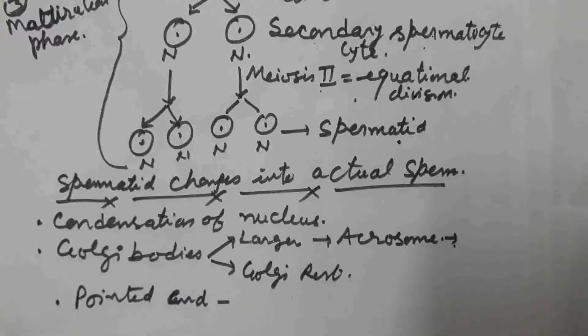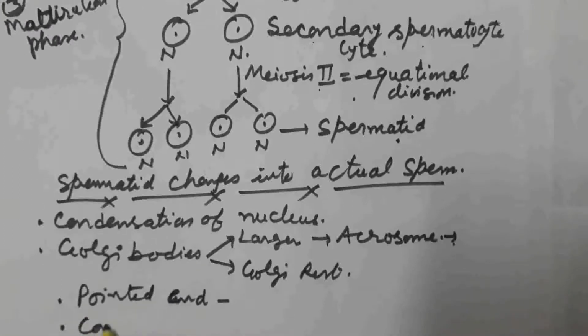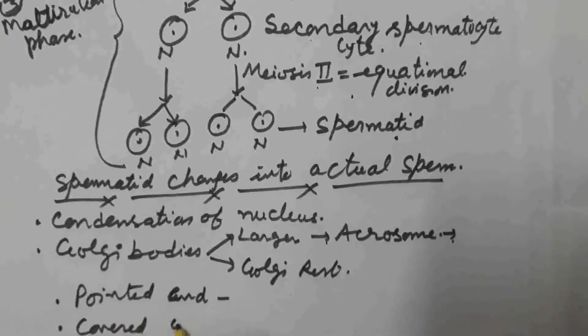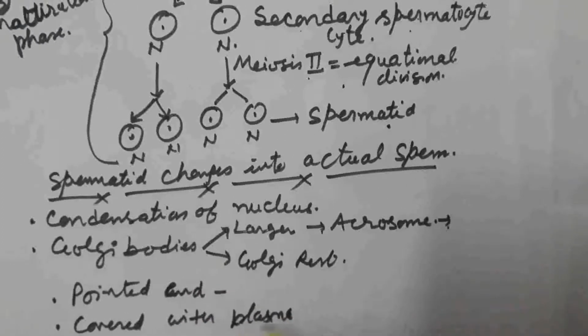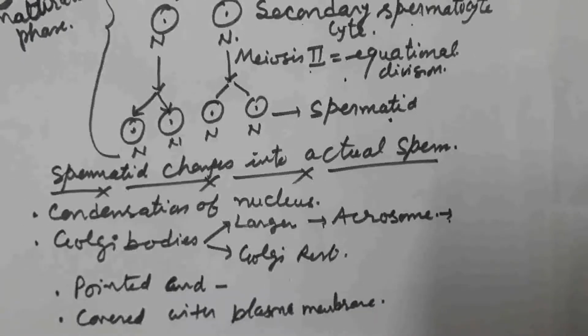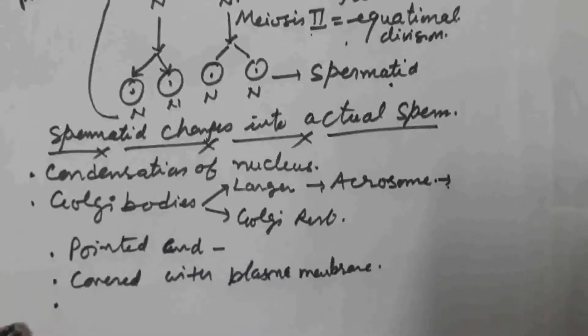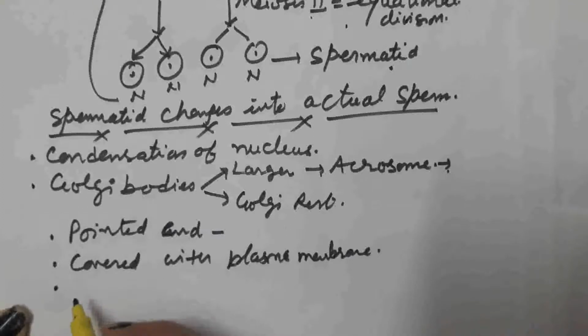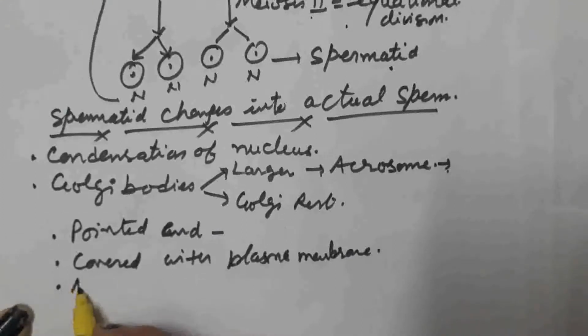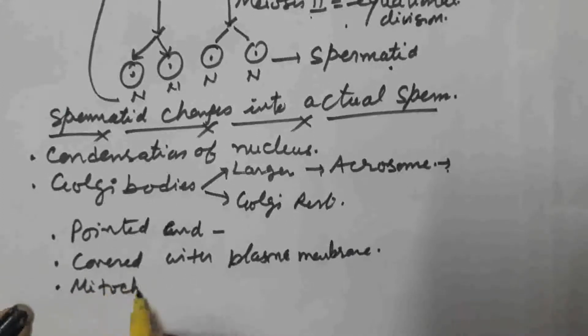The next change we observe, the entire structure of the sperm is covered with plasma membrane. The next change we observe is in the mitochondria. The mitochondria become ribbon like.